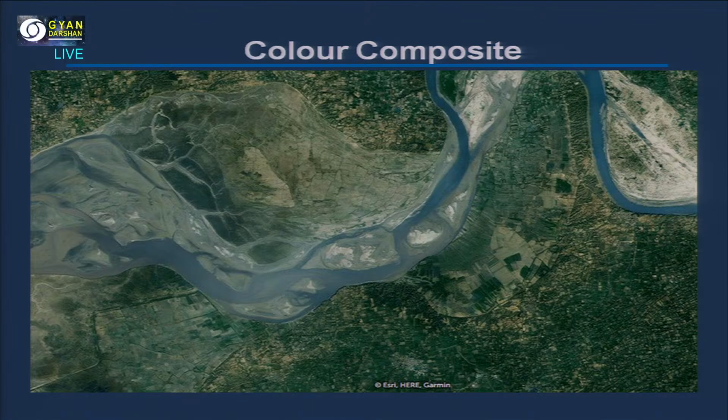There are many platforms wherein we can visualize such images. These are images as if we are seeing things with our eyes. Vegetation appears green to us. The leaves appear green due to the presence of chlorophyll. So here also, vegetation appears green.